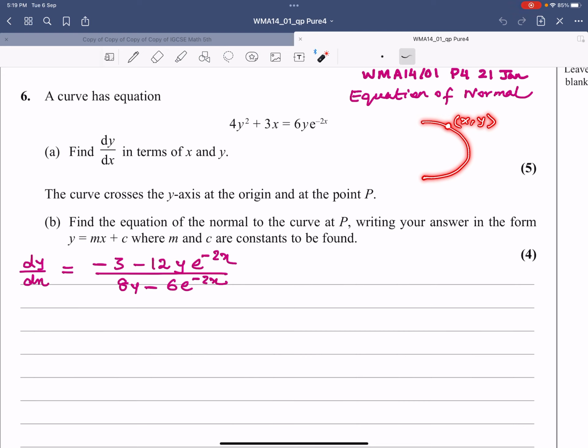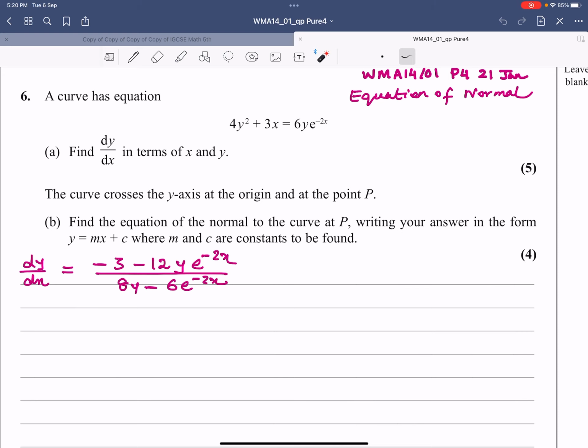All we need to do is to plug in the x and y coordinate into the gradient function and find the gradient at that given point. We also know that the gradient at a given point is the same as the gradient of the tangent which passes through that point. We will be using these facts to answer part B of the question.